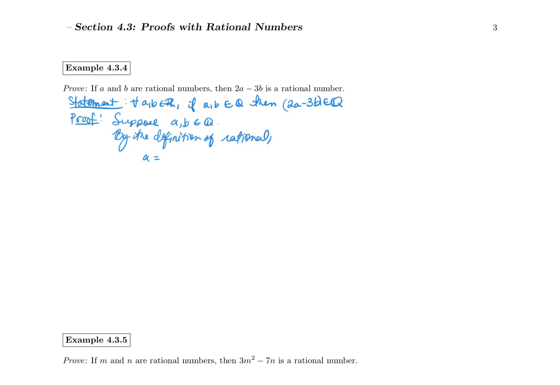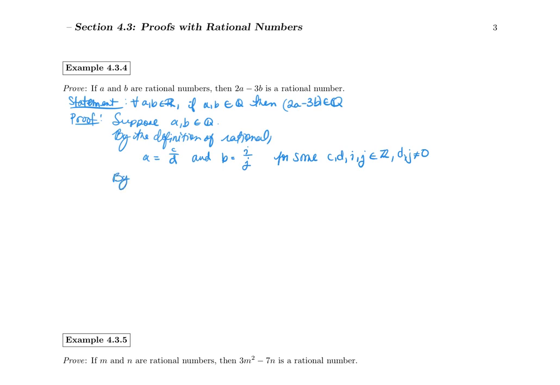So let's let a equal maybe c over d, and b can equal, let's say, i over j for some c, d, i, and j that are all integers, and we know the two denominators, d and j, don't equal 0.